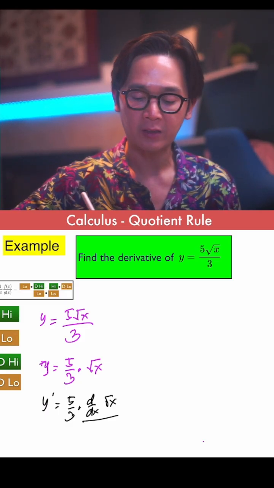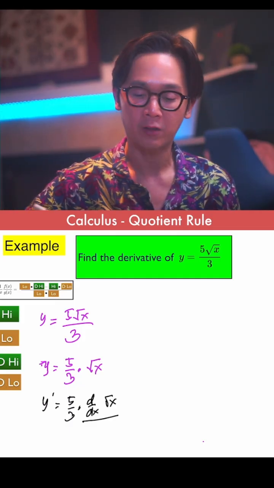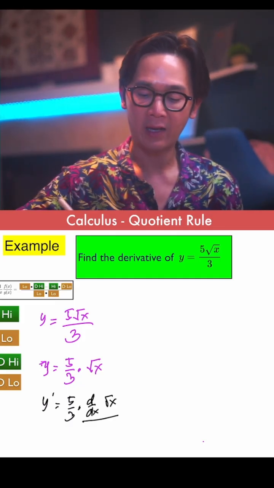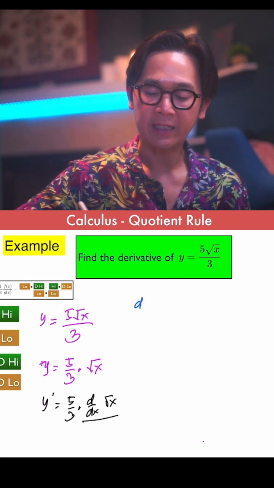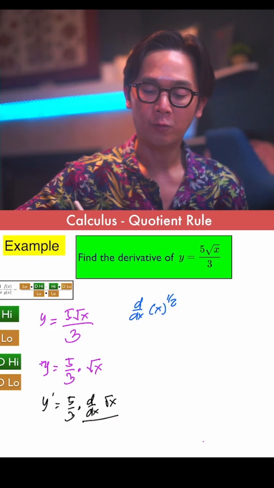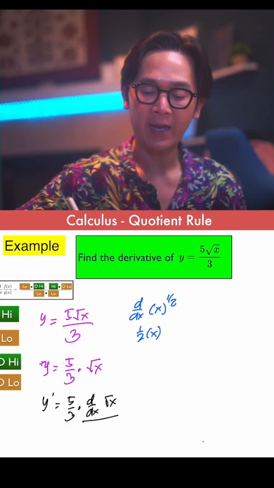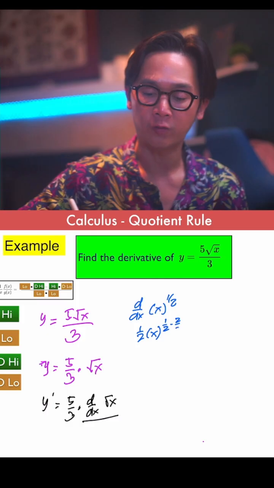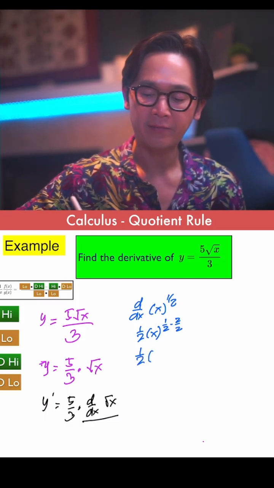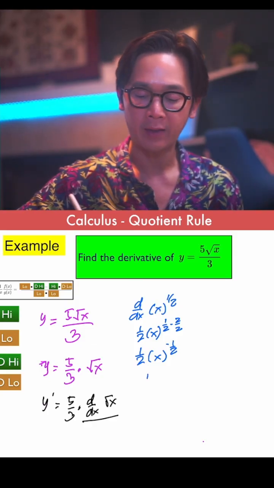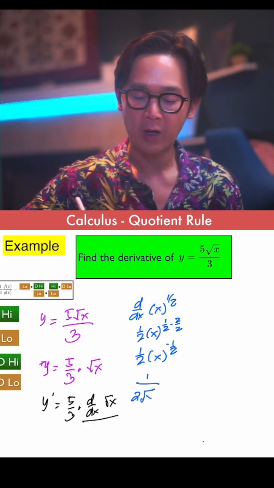And now all we need to do is focus our attention on the square root of x and take the derivative of that, and we'll have d dx of x raised to 1 half, which is 1 over 2 times x raised to 1 half minus 1, or 2 all over 2. So we'll have 1 half x raised to negative 1 half, which we can further simplify into 1 all over 2 square root of x.